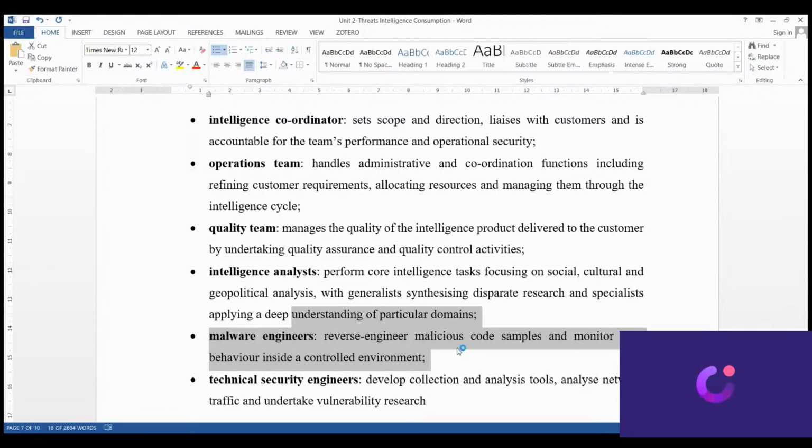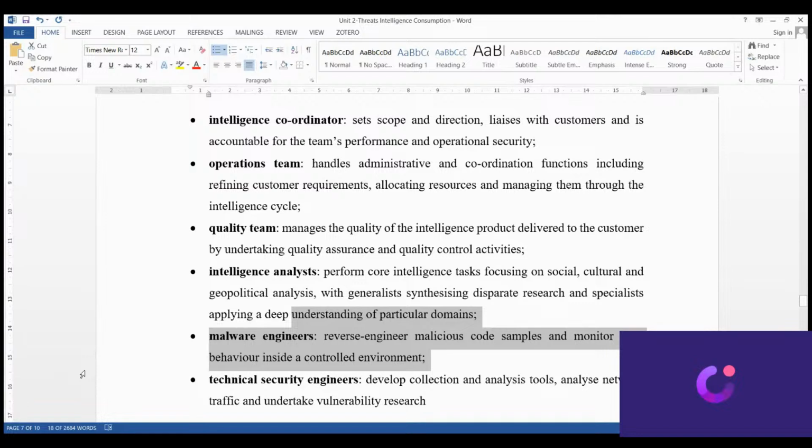And if that is the case, then they communicate with the security engineers and so on. So the aspect is just to analyze the code samples and monitor their behavior.